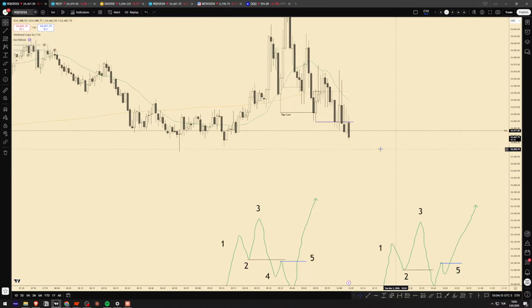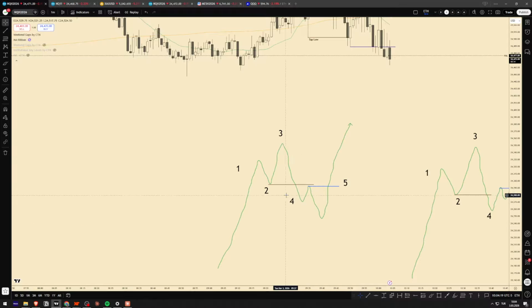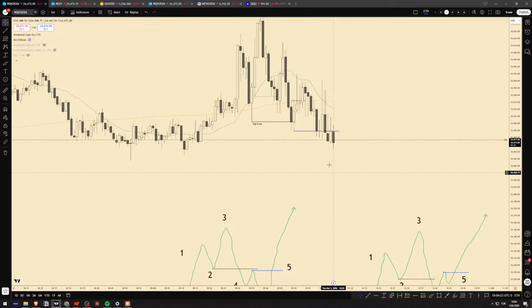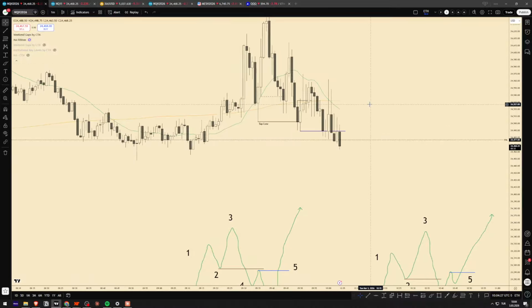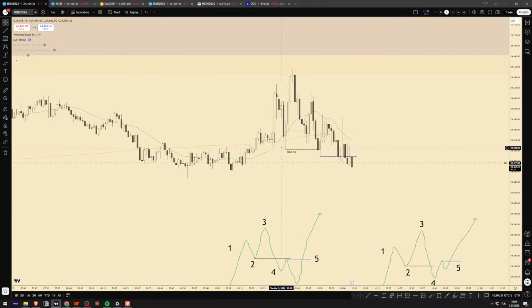I was mentioning this one. If after price making this double bottom with the sweep, if price comes back like this without turning back higher, that could mean two things. One is bias is wrong. This SPS is not going to play out.